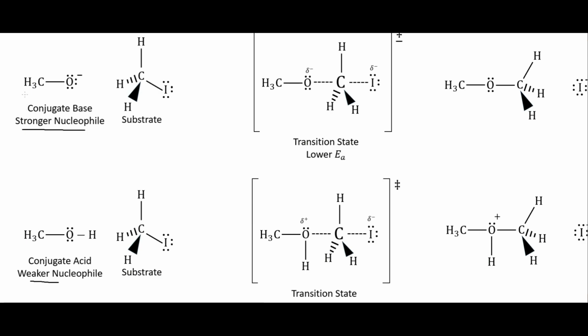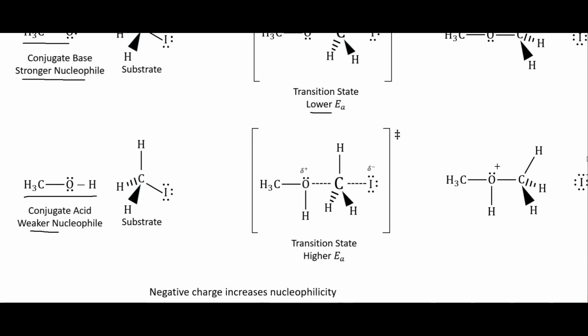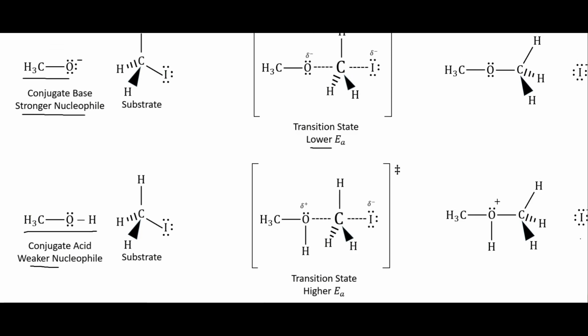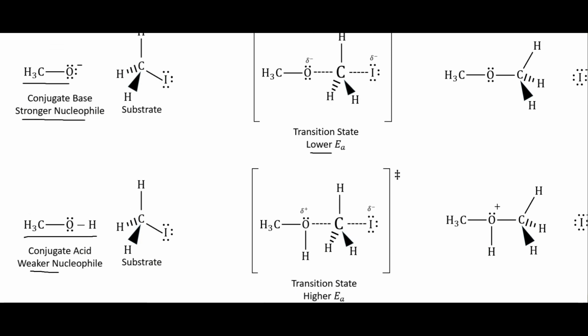So here we have this methoxide, and down here we have this methanol. The transition state for the methoxide is going to be lower in activation energy than the transition state for the methanol. So the conjugate acid is going to have a higher activation energy than the methoxide.